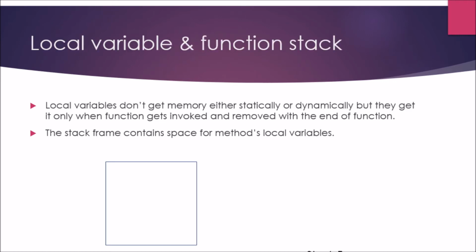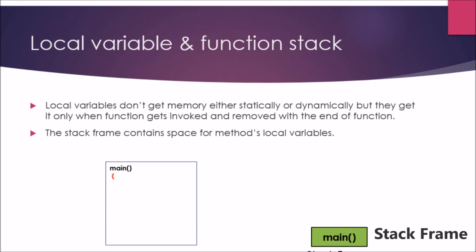As I told you, the local variables do not get memory either statically or dynamically, but they get it only when the function gets invoked and are removed at the end of the function. So let's see how it works. There is a concept of stack frame. Let's suppose you are calling a main function. Whenever you call any function, that function will get an entry in the stack frame.